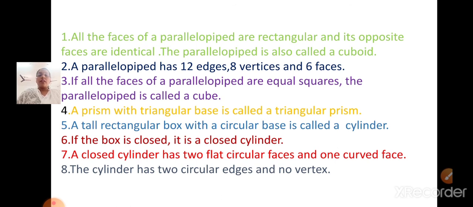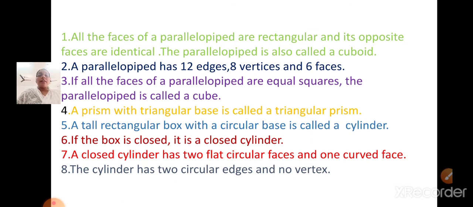And the next point is about the cube. If all the faces of a parallelepiped are equal squares, the parallelepiped is called a cube. Okay. So in a cube, all the sides are equal, right? And in the cuboid, opposite faces are identical. And in a prism, what did we learn? A prism with a triangular base, if it is in a triangle shape, we call it a triangular prism, right?